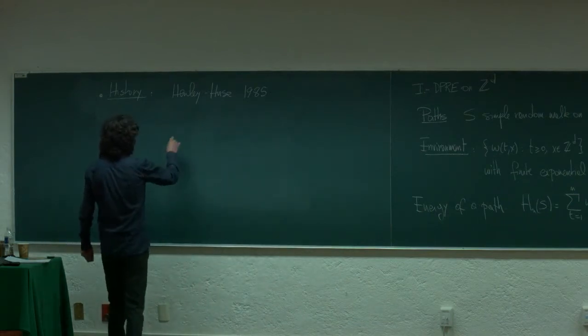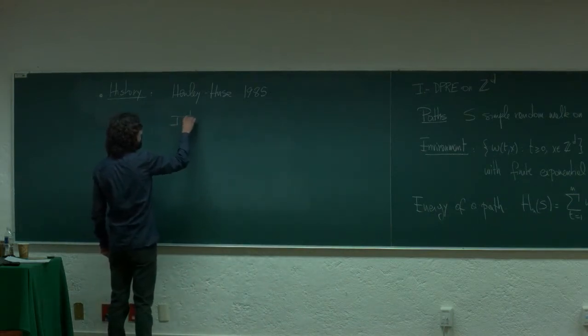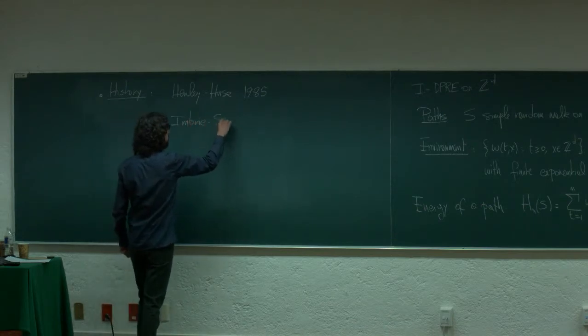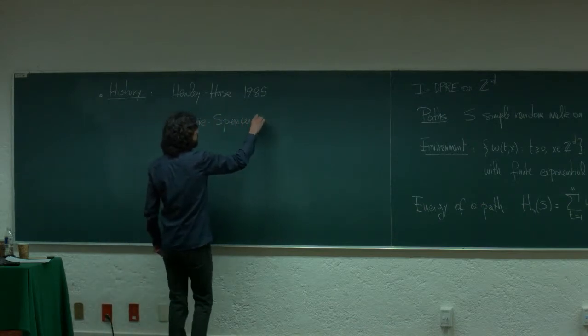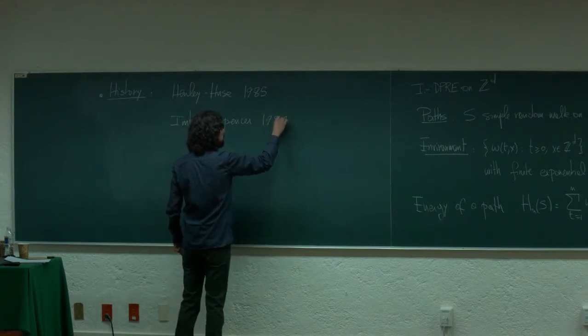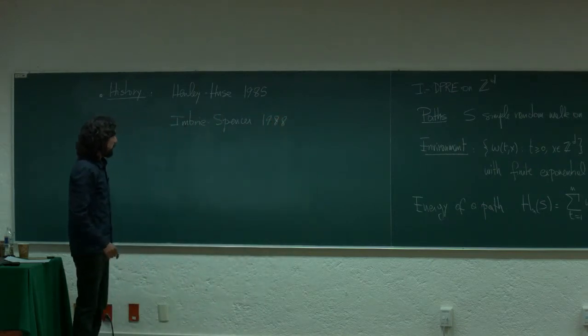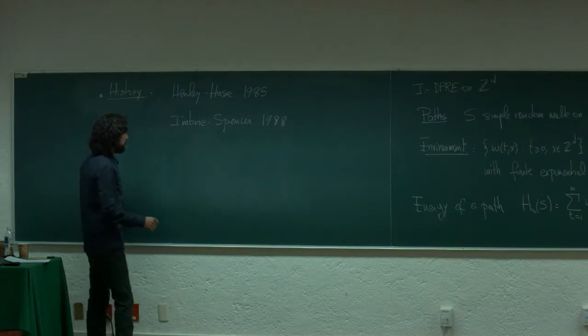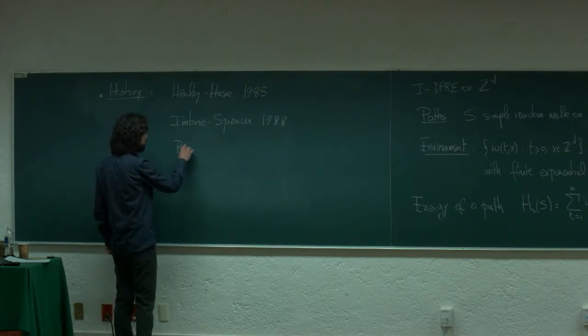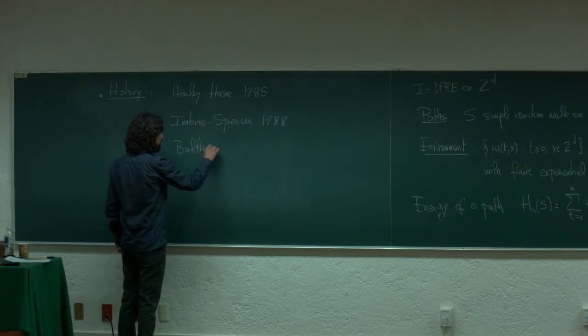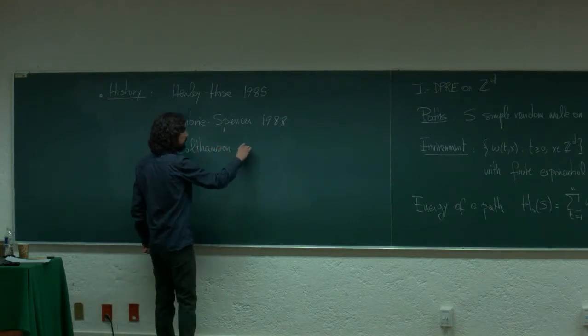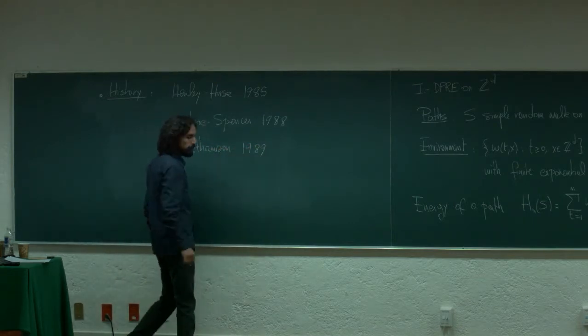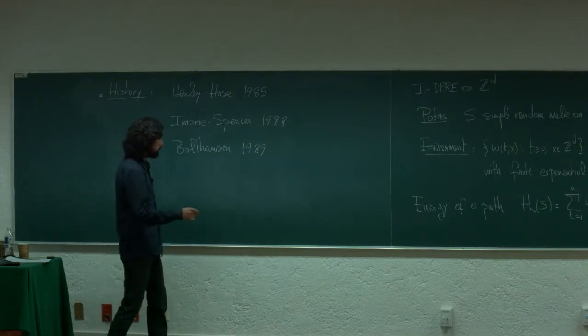So the model reached the mathematical community in the work of Imbrie and Spencer in 1988. And a little bit after that, it was the work of Bolthausen in 1988, which will be more relevant to us.